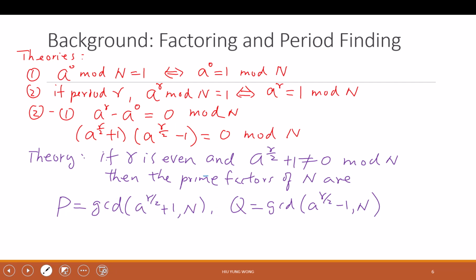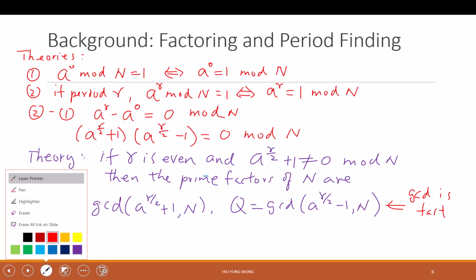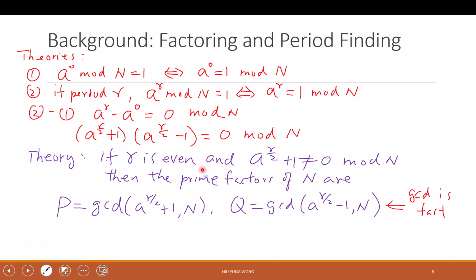This one is fast. To calculate this one, GCD is fast. Right? So once I find out the period, then I can easily find the GCD of this number, and then I can find the prime factor easily. Okay? Now that's something very important. If this has a very low chance, it's not going to be useful, right?